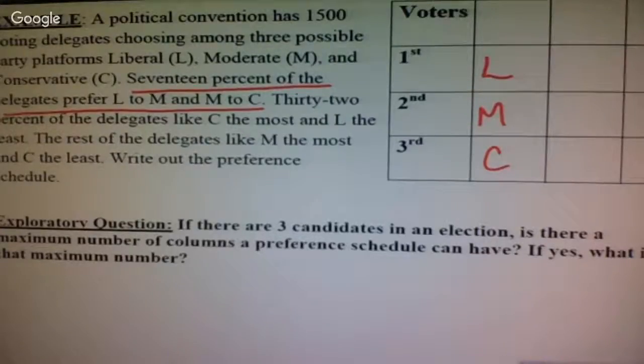They tell you we have 1,500 voters. How do I find 17% of 1,500? Okay, so I've got 1,500 total people multiplied by 17% written as a decimal. So you would multiply that by 0.17, and that should give you 255.